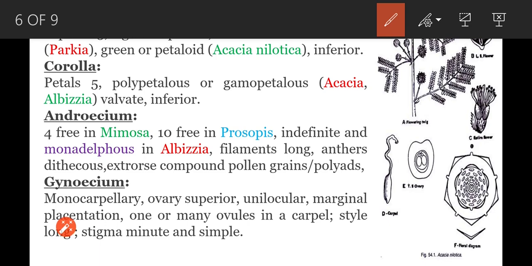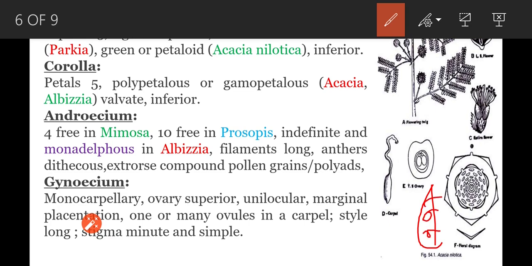Next, coming to gynoecium. Gynoecium is generally monocarpellary, unilocular. A single locule is present and a single carpel is present, and superior ovary. Ovary is superior and marginal placentation. From the margins, placenta is developed.